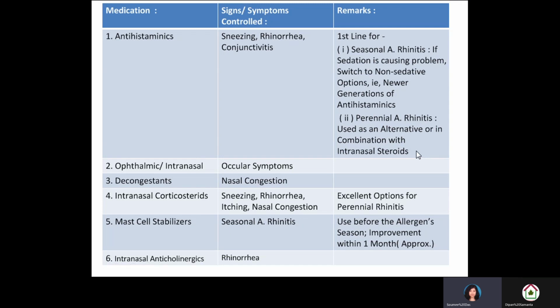So, intranasal steroid would take care of the inflammation in the rhinitis, and the antihistaminic would take care of the allergic hypersensitivity type of reaction. Okay, so together antihistaminic and intranasal steroid would be sufficient to limit this condition.